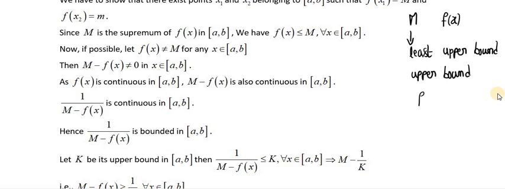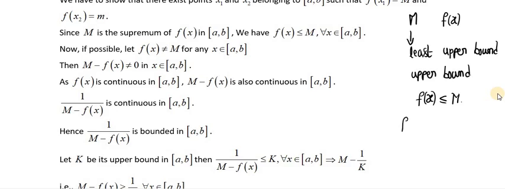Upper bound condition is f of x less than or equal to capital M, for all x belongs to closed interval a comma b. Now, if possible, let f of x is not equal to capital M for any x belongs to closed interval a comma b. So here we have less than or equal.